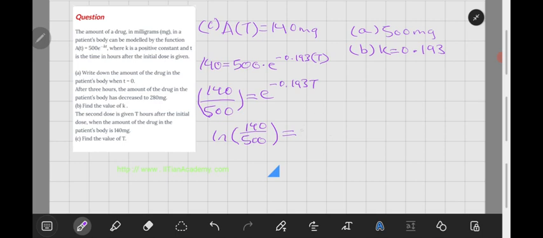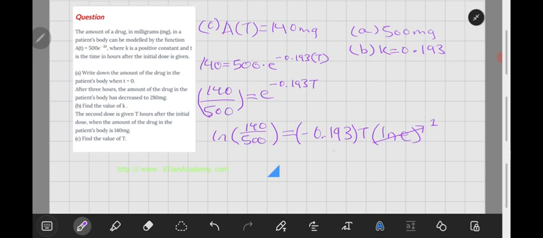And then we'll bring down the power here, we get negative 0.193t, and this is of course times the ln of e, which is simply 1.